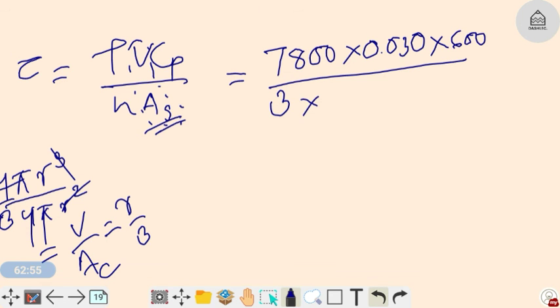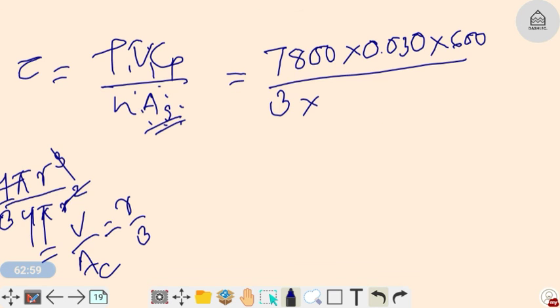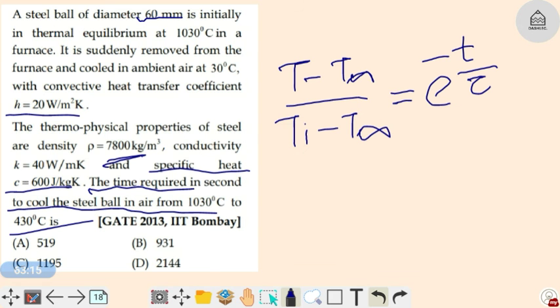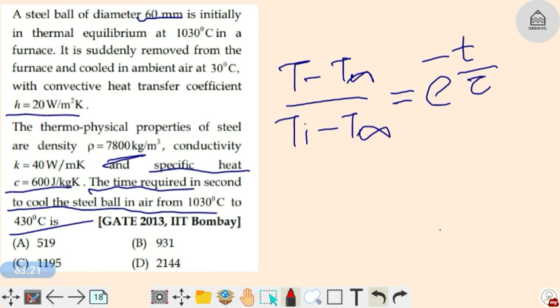H is 20, yes, we have already taken. So from here tau will be 2340. What do I need to find out? I need to find out the time.